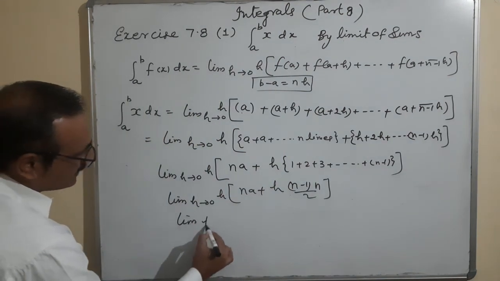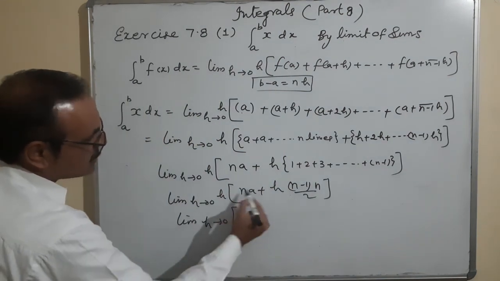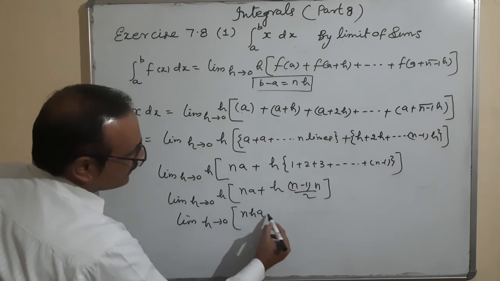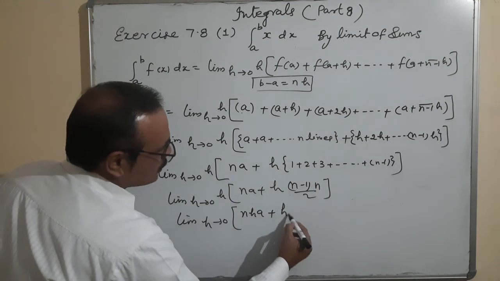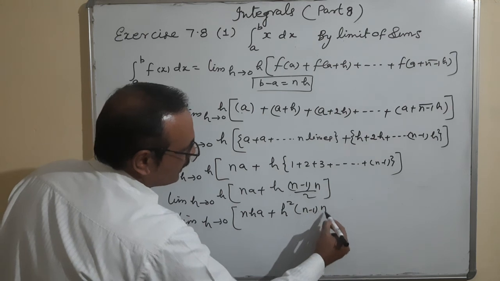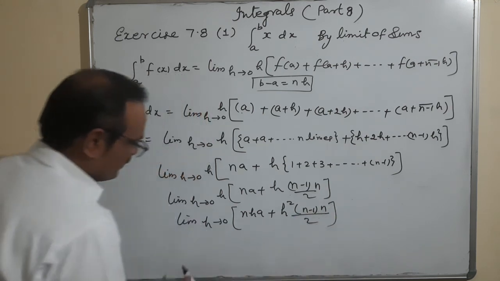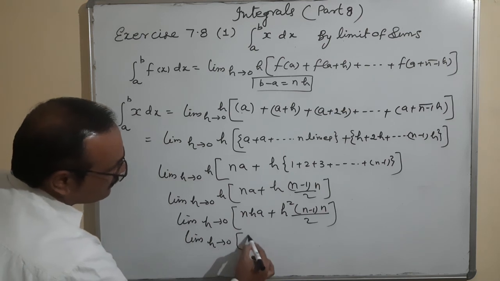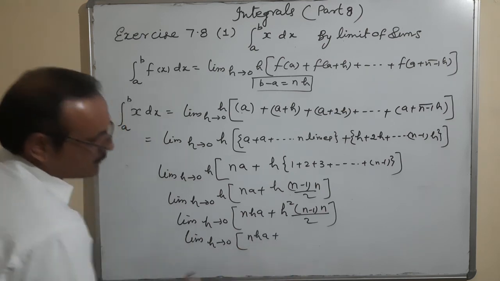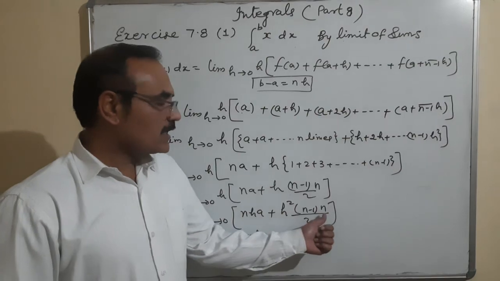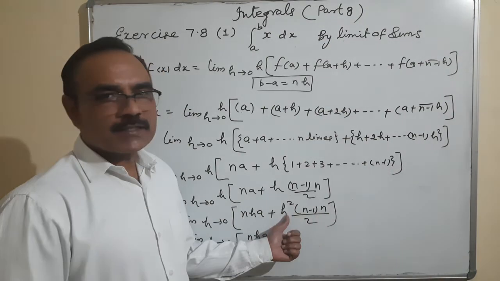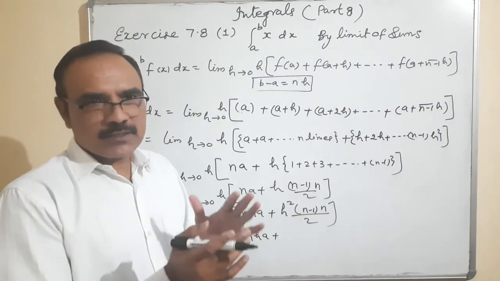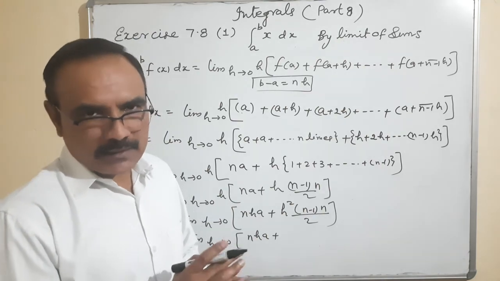Limit h tends to 0. Now this h is multiplied inside: nha plus h square into (n minus 1) into n upon 2. Okay. Limit h tends to 0, nha plus. These are two factors, so there are two h here. This is the procedure by which you can check whether you are correct or incorrect.